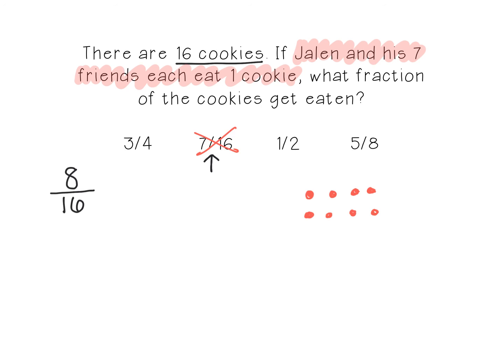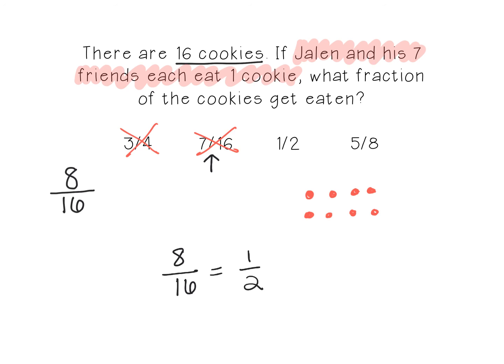So let's see if 8/16 and 3/4 are the same. I know that I can multiply 4 by 4 to get 16. But 3 times 4 doesn't give me 8. So 3/4 is not equivalent to 8/16. Now let's look and see if 8/16 is equal to 1/2.